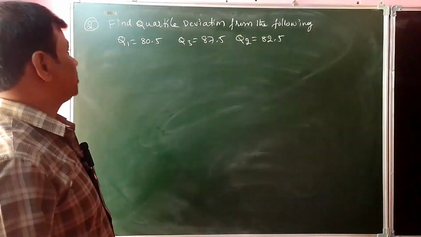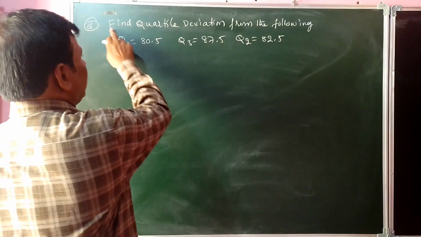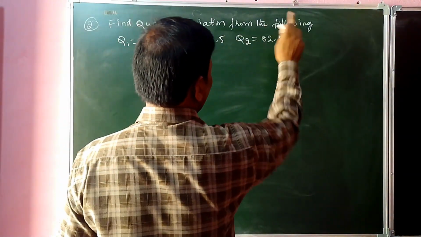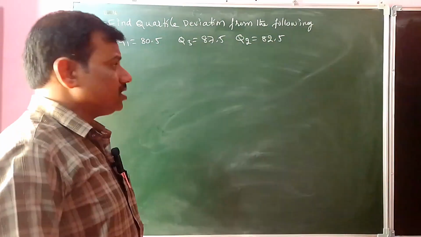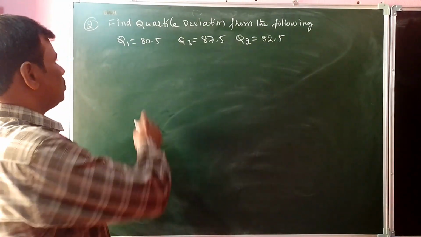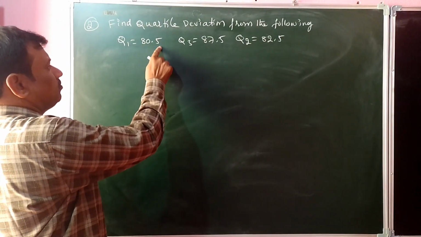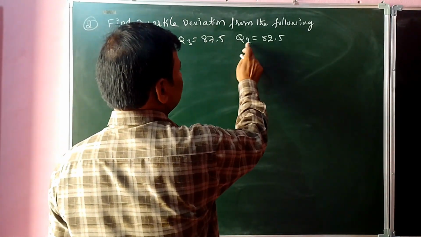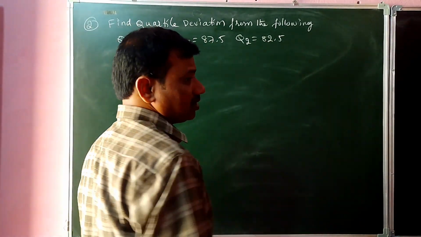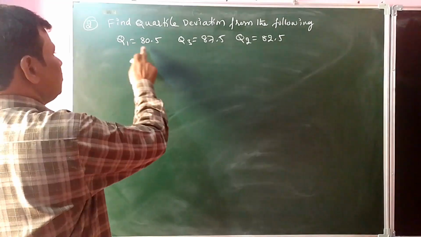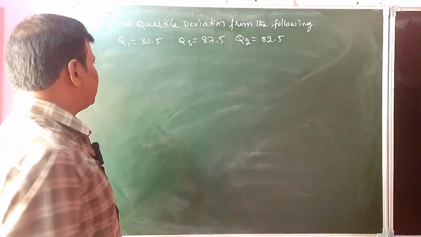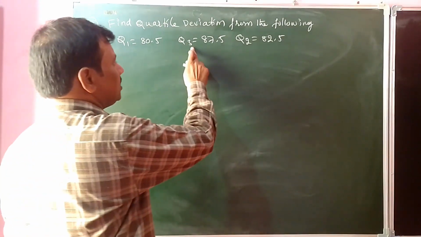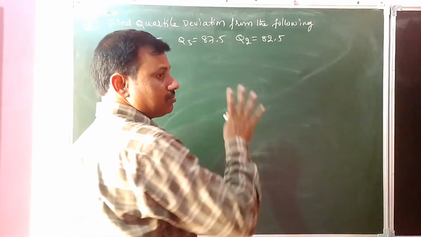Next question, question number 2. Find the quartile deviation from the following. Q1 value 80.5 is given, Q3 value is 87.5, Q2 value 82.5 is given. Here Q1 means lower quartile, Q3 means upper quartile, Q2 means median.